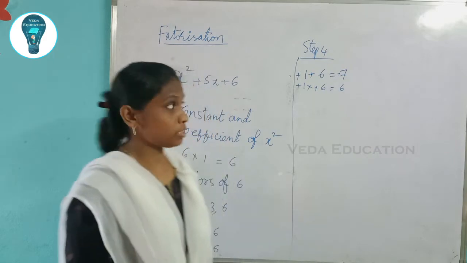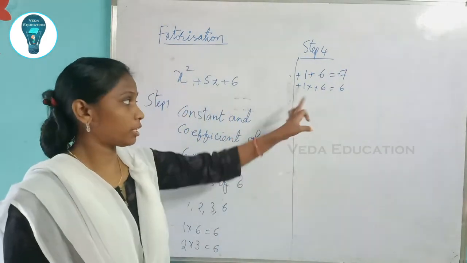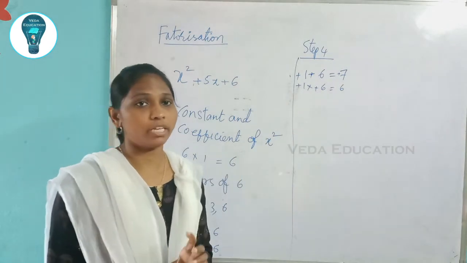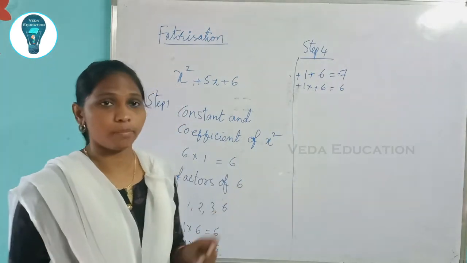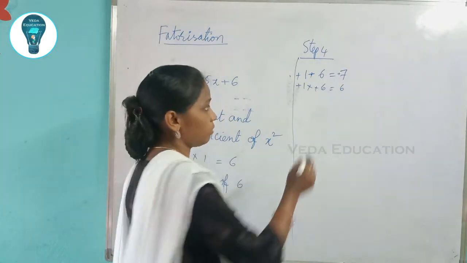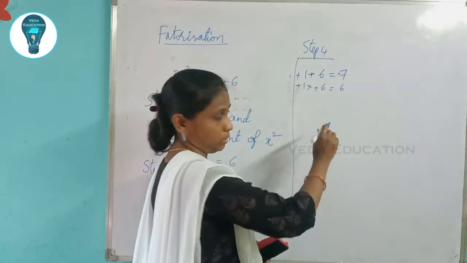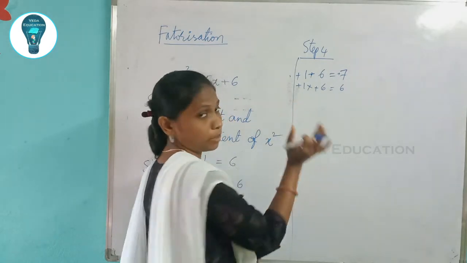In step 4, we take the sum of these two numbers and the product of these two numbers, applying signs to these numbers. First we consider both numbers having the same sign. Then we get plus 1 plus 6 is 7, and plus 1 into plus 6 is 6. We did the sum and product here.